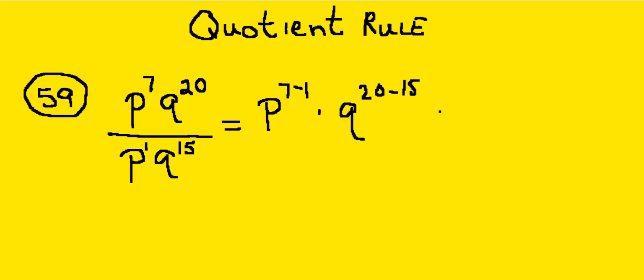And when I do that, I can evaluate this a little further to say P to the 6th times Q to the 5. And there, that's all we can do with that. Okay, simple as that.